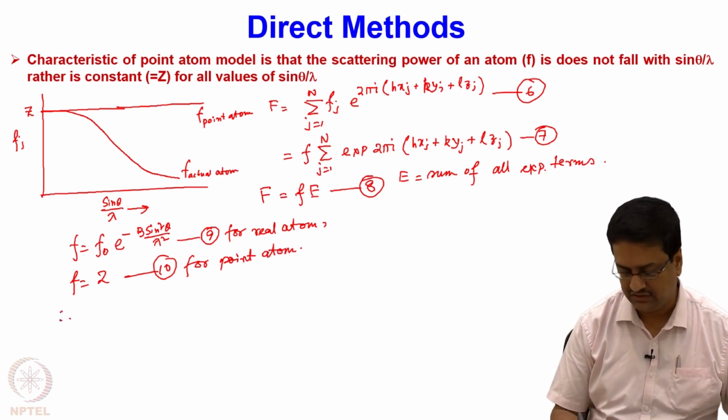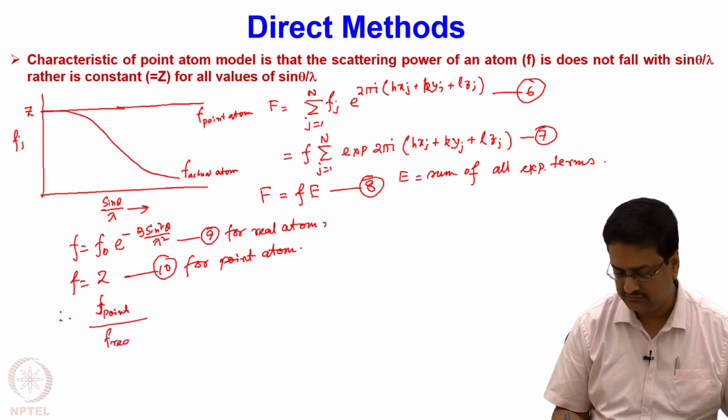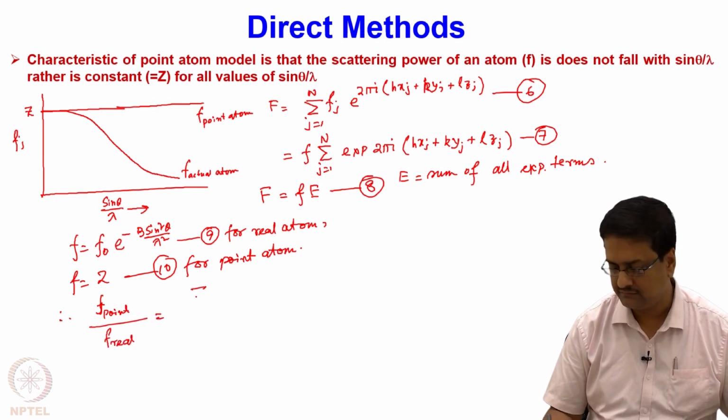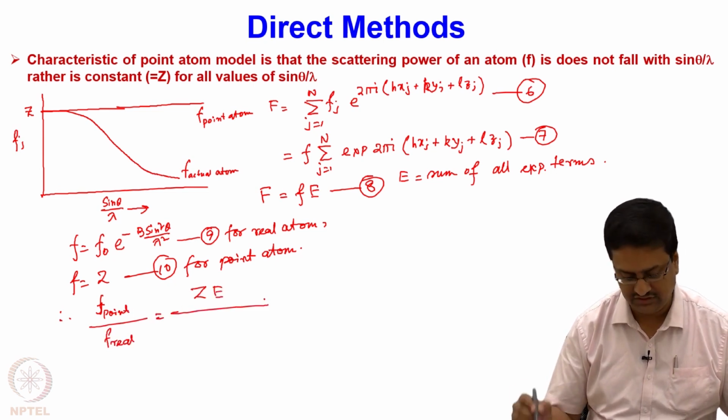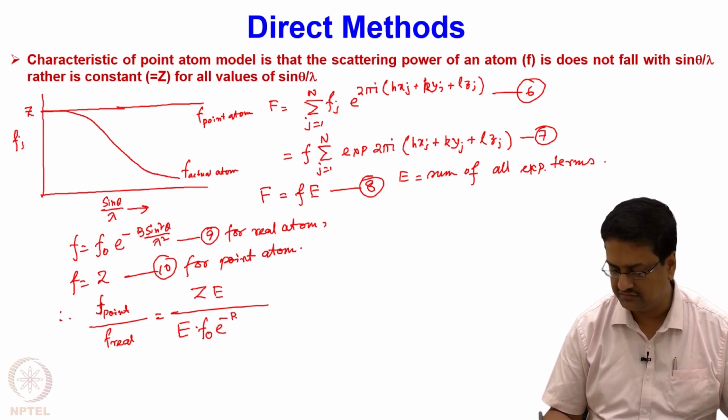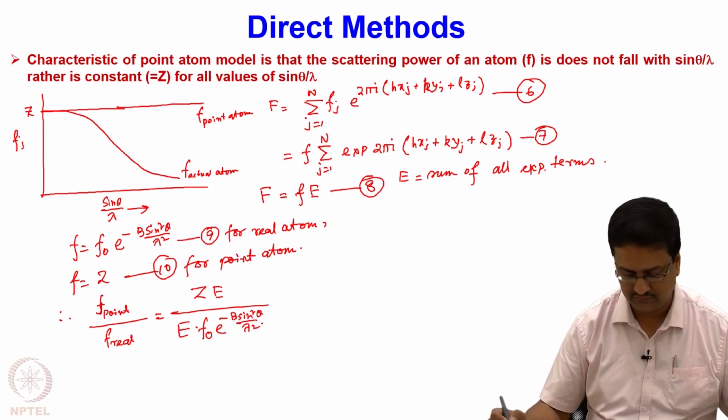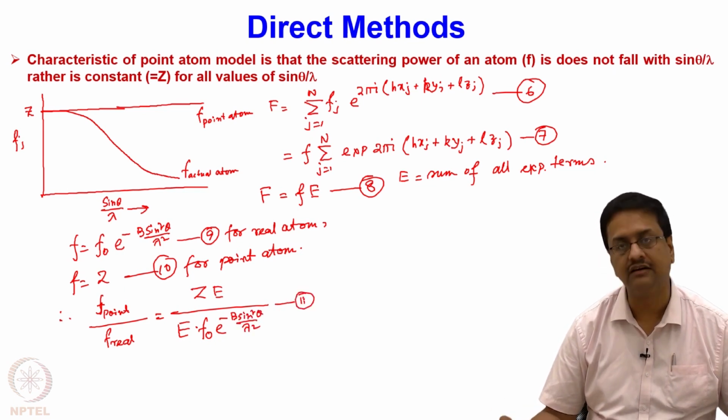So we can then write that F point by F real is nothing but ZE divided by E into f0 e to the power minus B sin square theta by lambda square. So this is my equation number 11.